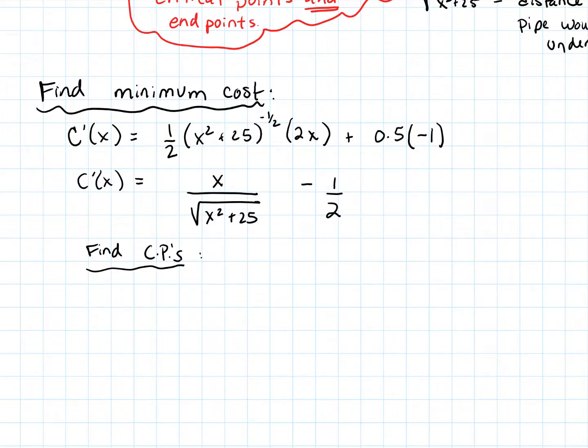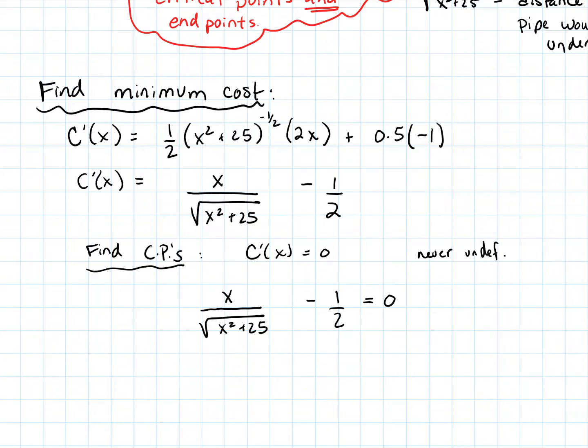Notice that this function is actually never undefined, so let's consider when it would be equal to 0. So when does x over the square root of x squared plus 25 minus 1/2 equal 0? And notice it's never undefined because the denominator, that x squared plus 25, for all values of x is positive. So it's never even 0.